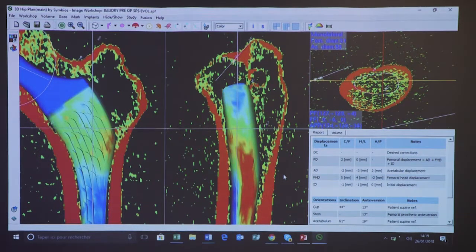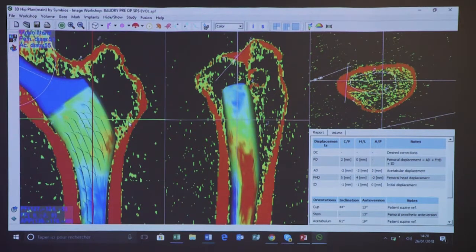But I think the 3D planning is very important because we know that it's hard bone. I have prepared in my surgical theater a motorized reaming procedure. I know that there's this problem of the spur. Maybe I will have to use a curette to remove the spur. There's also another thing I did not tell you about.